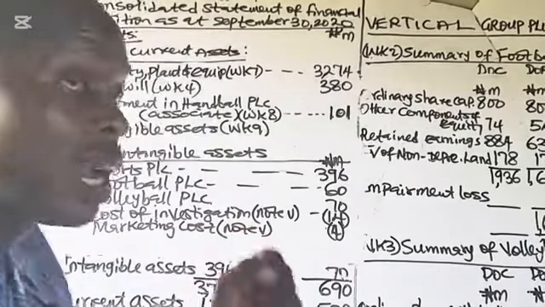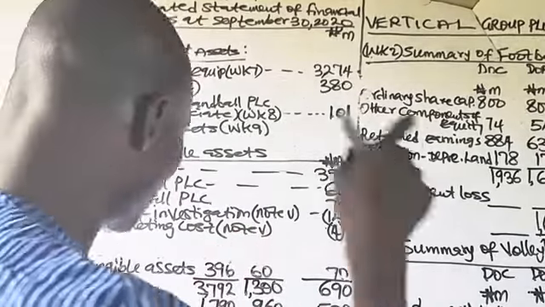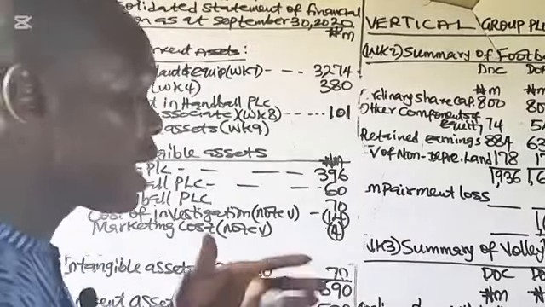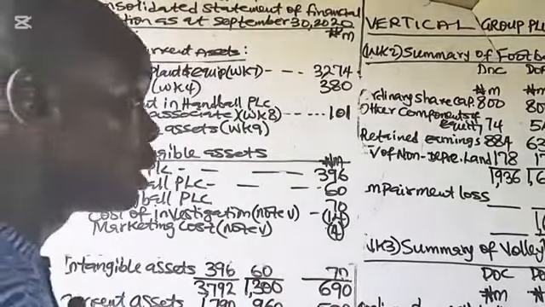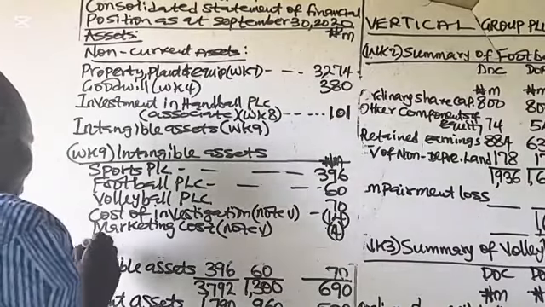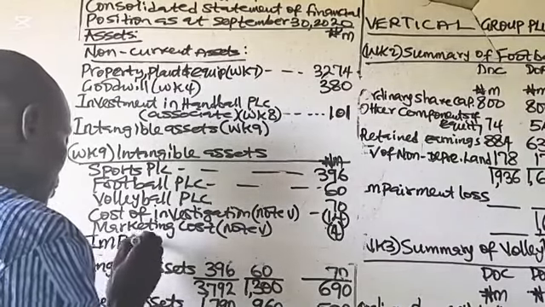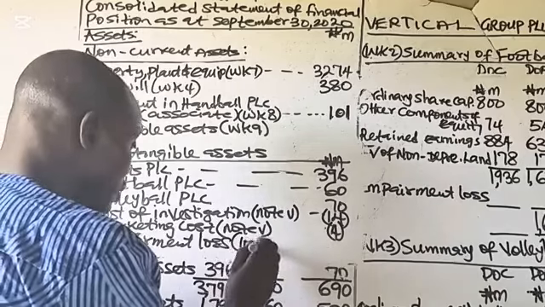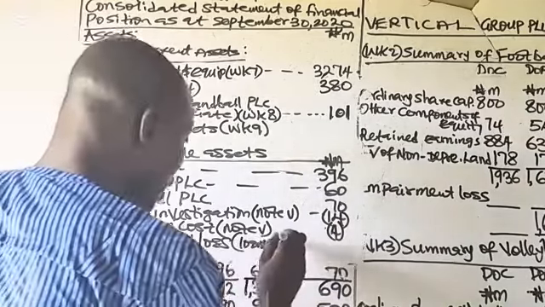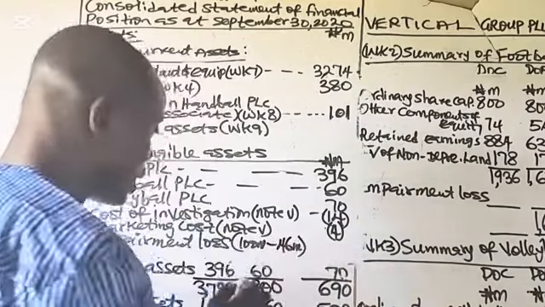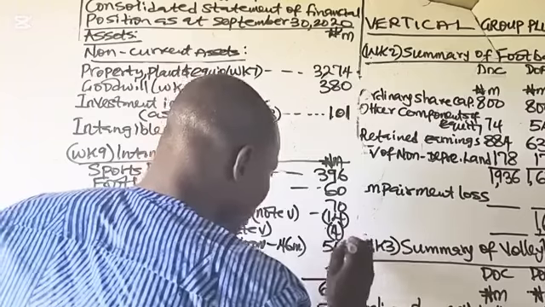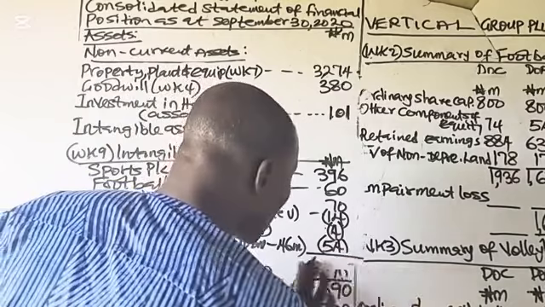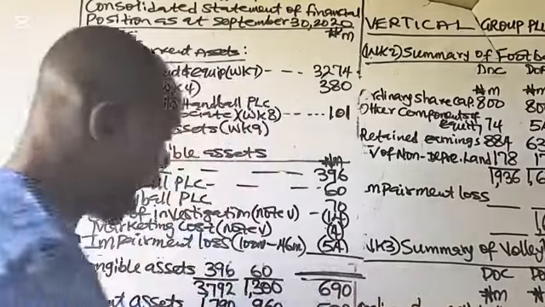We said 46 million of the 100 million will be allocated to Goodwill, while the other impairment loss will be allocated to intangible assets. So we have impairment loss. That is 100 million, the total impairment, minus 46 million which was allocated to Goodwill. Then you are left with 54 million. That 54 million will be allocated to other intangible assets.